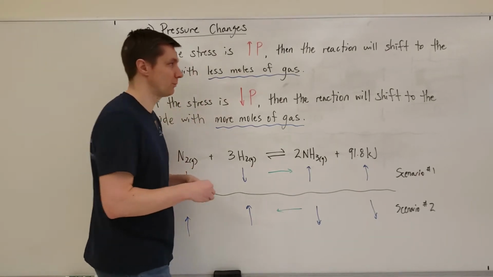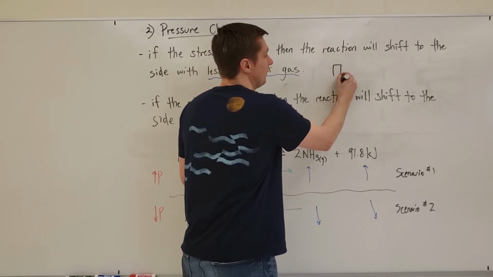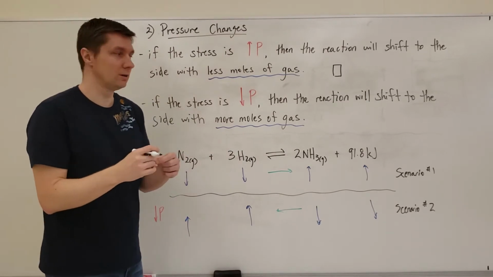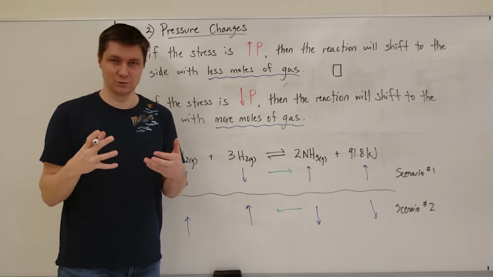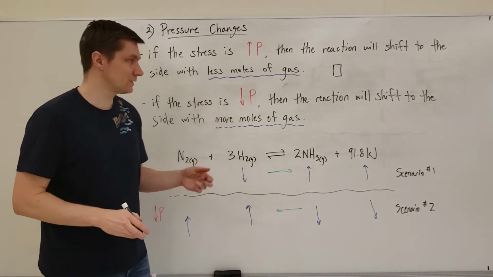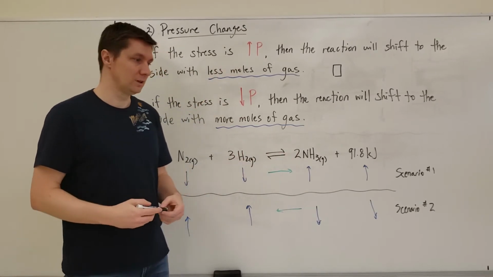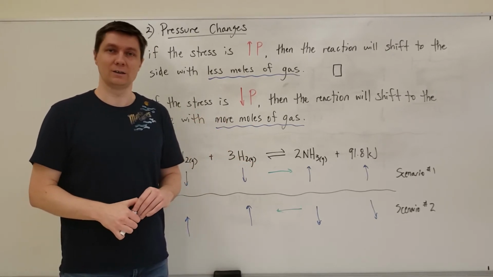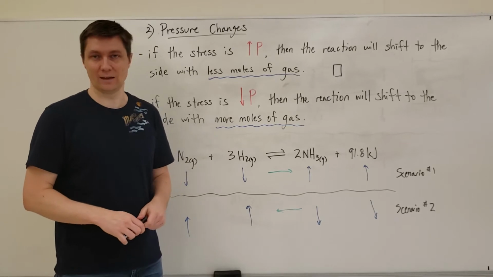Really what you're doing is making the container a lot smaller, and if the container is a lot smaller, then there's less space for the gases to exist. And so to relieve that stress, it's going to shift to the side that has less moles of gas, because that helps with the pressure change that the equilibrium reaction is experiencing.